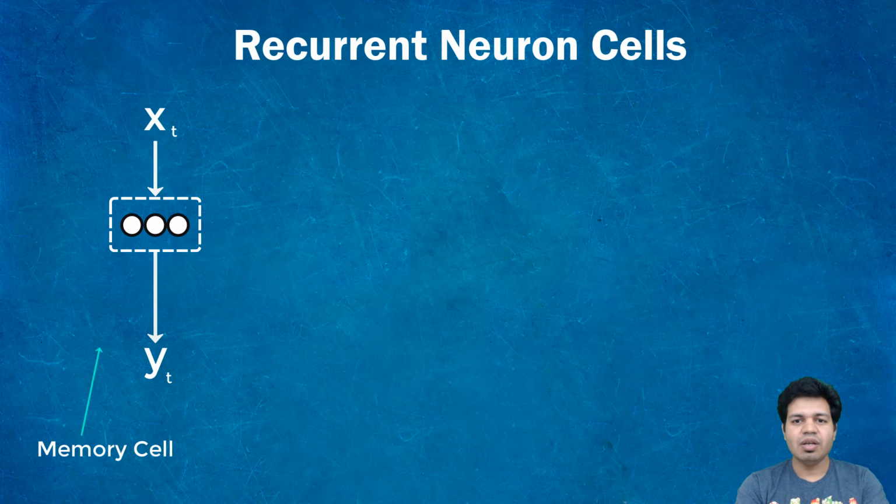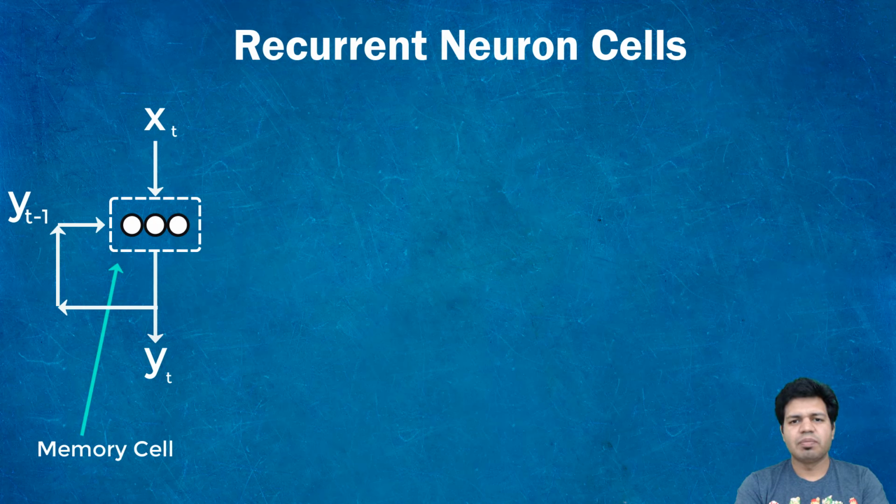In a recurrent neural network, we generally have a group of neurons which together form something called a memory cell. Just like we discussed in the case of a single neuron, a memory cell has the input xt to this group of cells, and another input yt minus 1, which is the output from the previous time step, and the output of the current cell is yt. This group of neurons, which can be any number, forms a recurrent neural network cell.